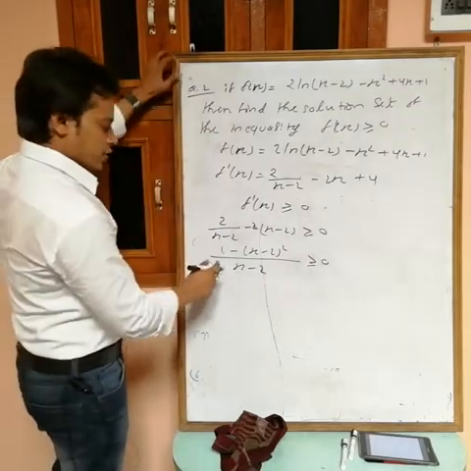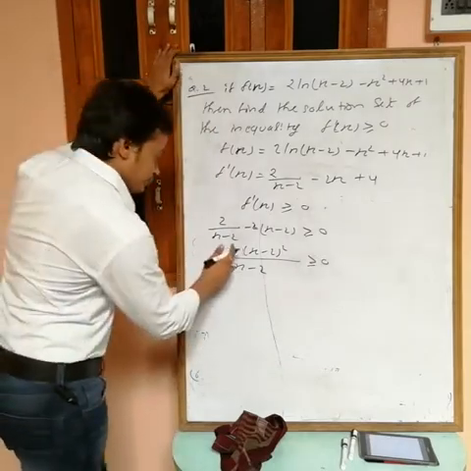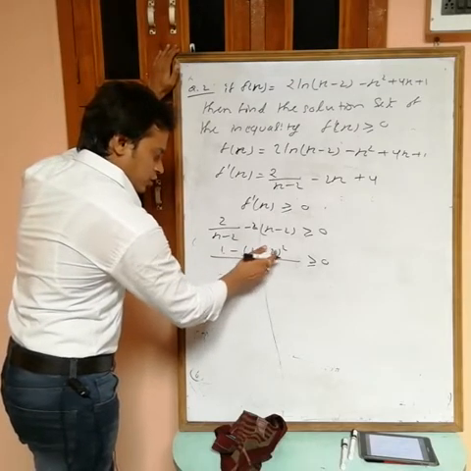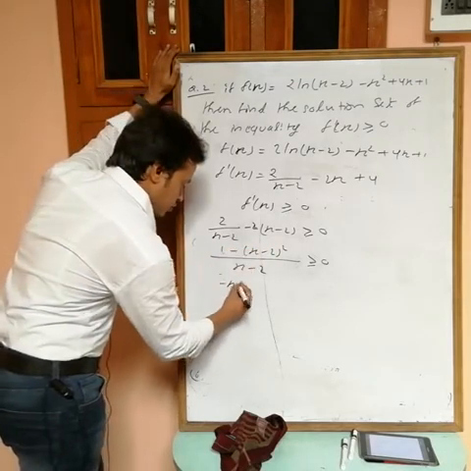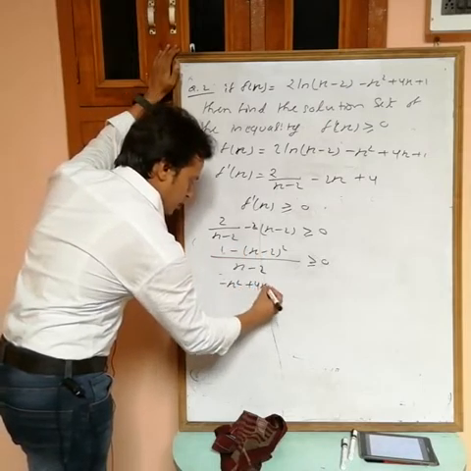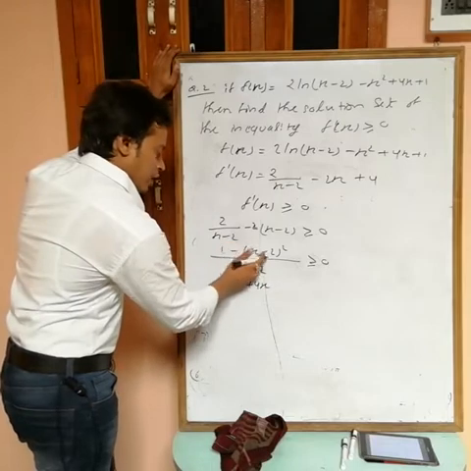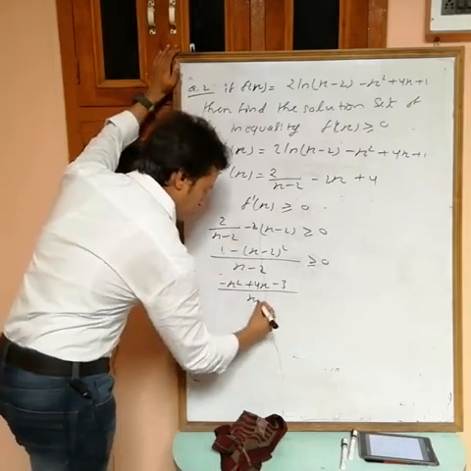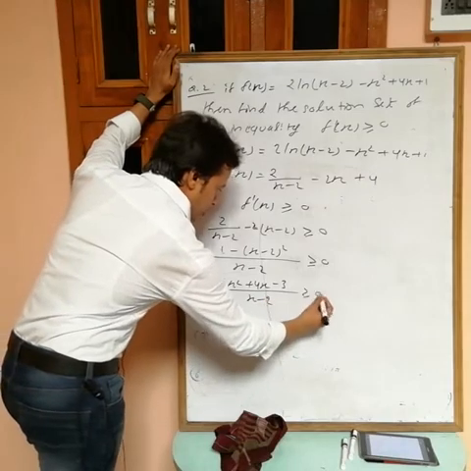Now if you solve this one, what will you get? You get x² - 4x + 4, then with minus: -x² + 4x - 4 + 1 is -3, over x - 2, ≥ 0.